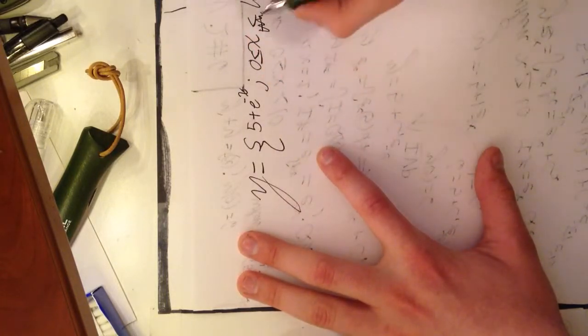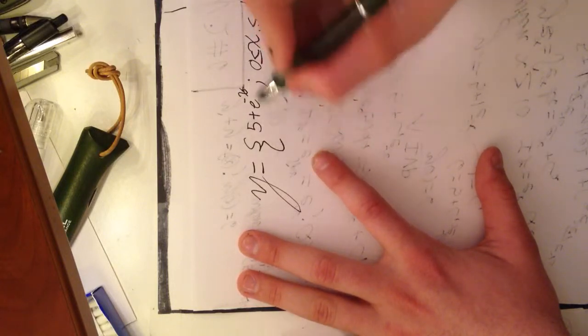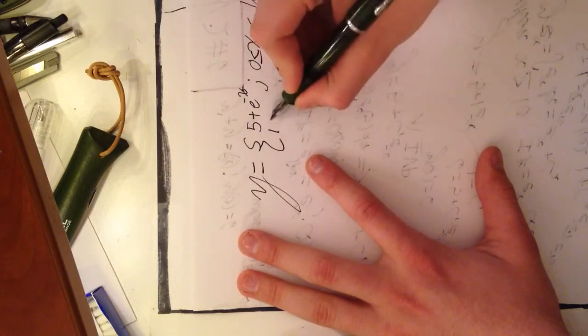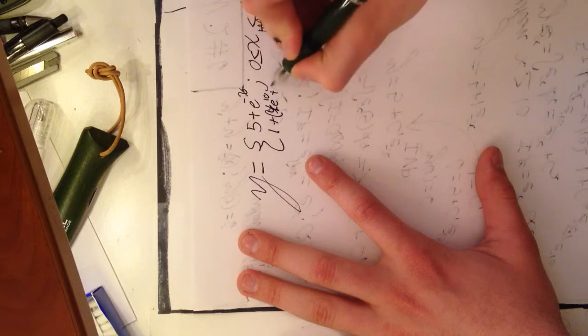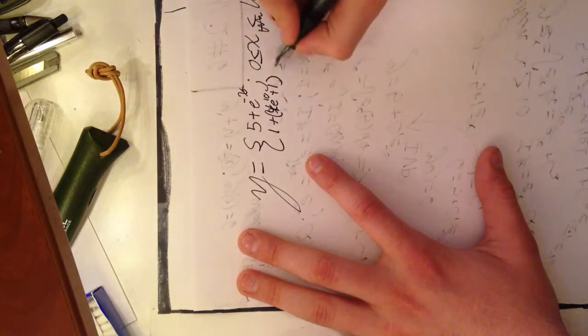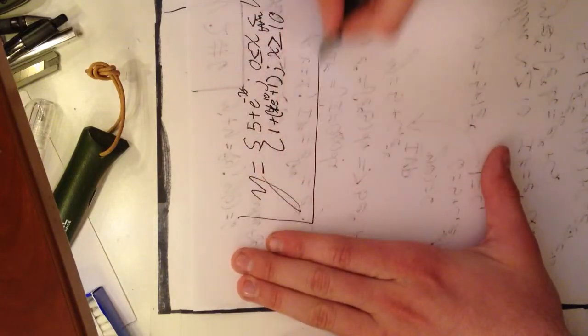Sorry, it's just supposed to be less than, not equal to. And then y is equal to 1 plus (4e to the 10th power plus 1) e to the negative x when x is greater than or equal to 10. And this is your solution.